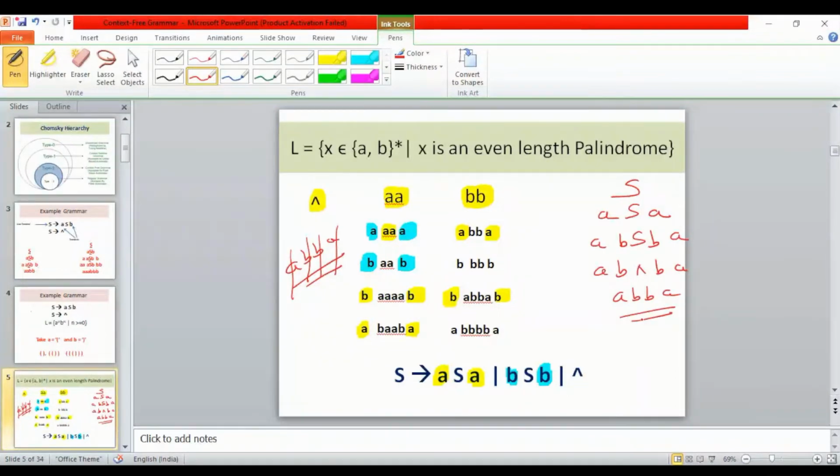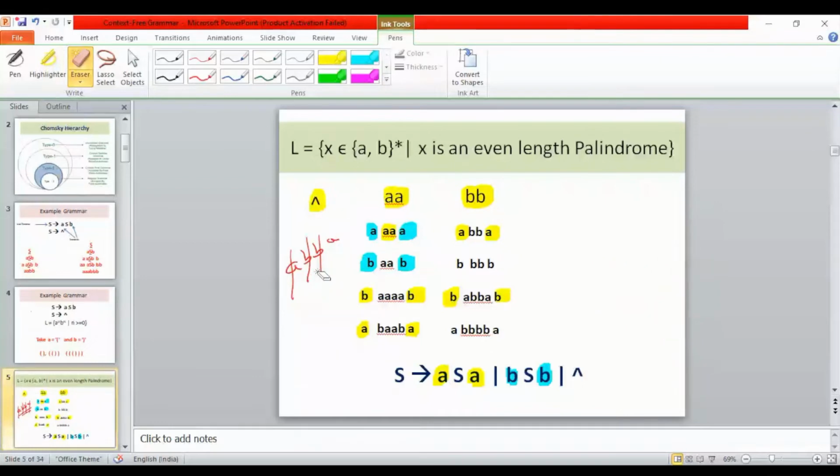So we are able to derive the even length palindrome, which is equal from both the left hand side and right hand side. Similarly, we can derive any other string using these simple rules.